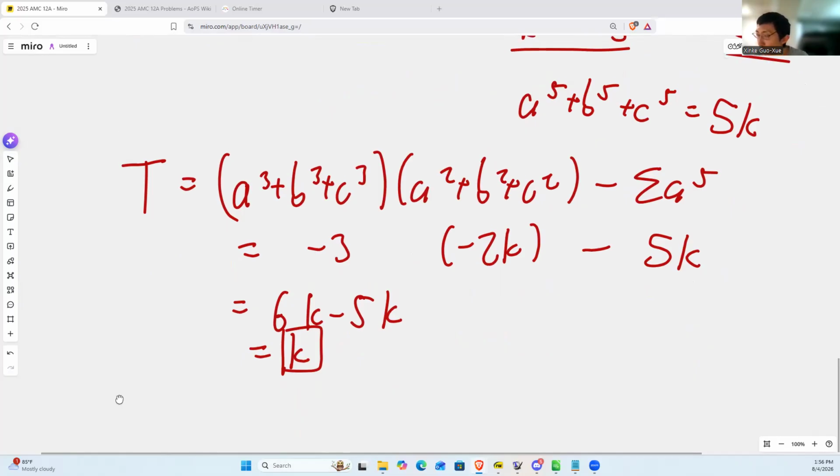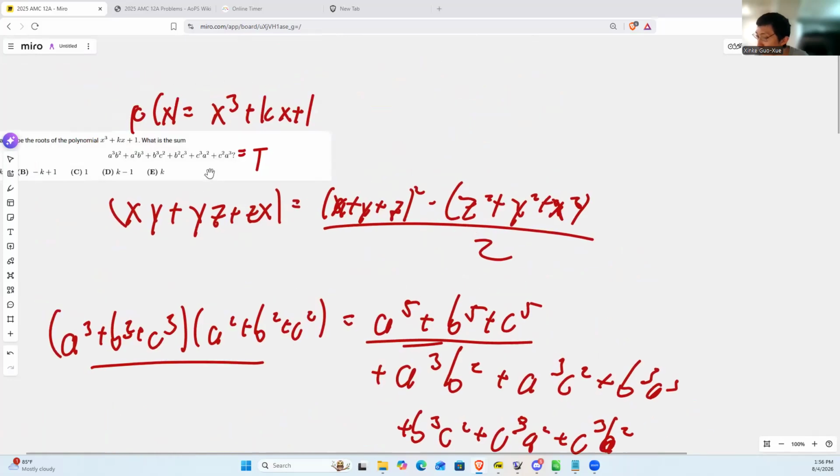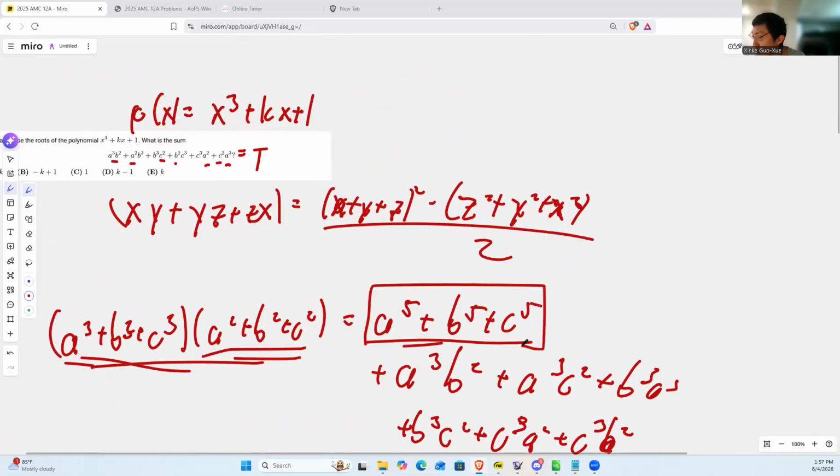And because we have an a squared, b squared, c squared, it makes sense to have an a squared plus b squared plus c squared term. So we tried multiplying out to see what happened, and we saw that we get basically what we want, but we have an extra a to the fifth plus b to the fifth plus c to the fifth.